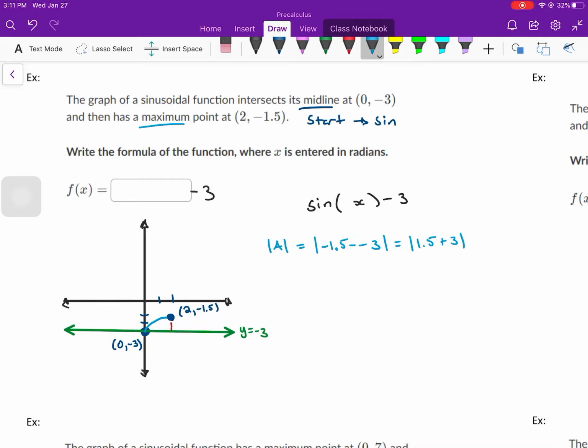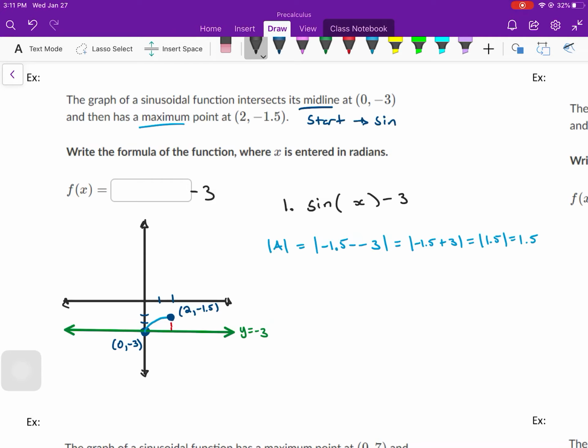That's -1.5 plus 3, which is 1.5. It's just the distance there. However you figure that out, you could just look at it and see that, right? Okay, so 1.5, we figured out our amplitude.